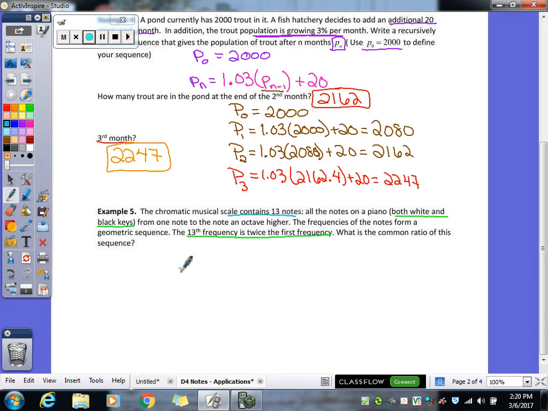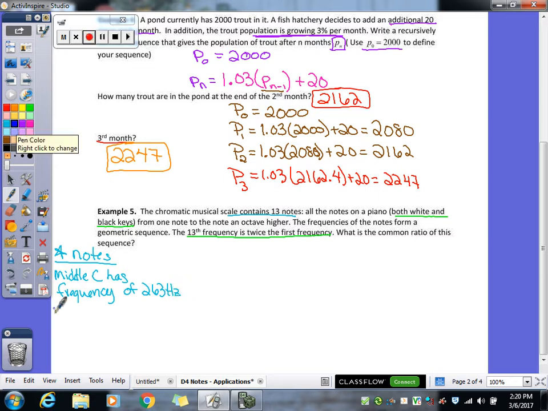A couple of little side notes here, a little information for those of you who did not know. So we're going to call these notes. Middle C has a frequency of 263 hertz.